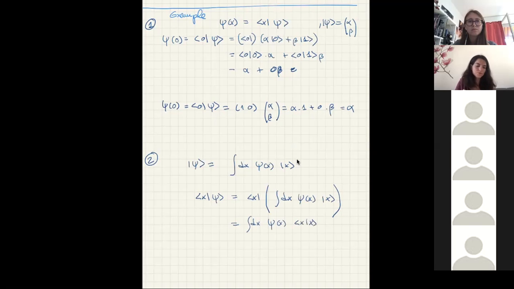And again, because we chose an orthonormal basis, this is a Dirac delta, and then this is just psi of x. So this is how we go from the wave function to the Dirac notation and back. If you're also taking the quantum mechanics one course, you'll see mostly talk of wave functions, and you might wonder how it relates to the states in, for example, quantum information theory, and this is how.